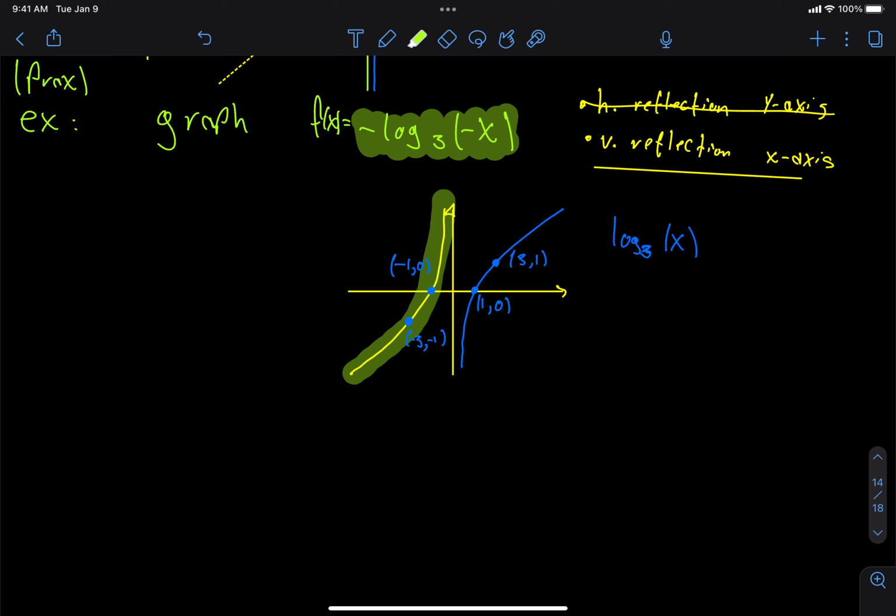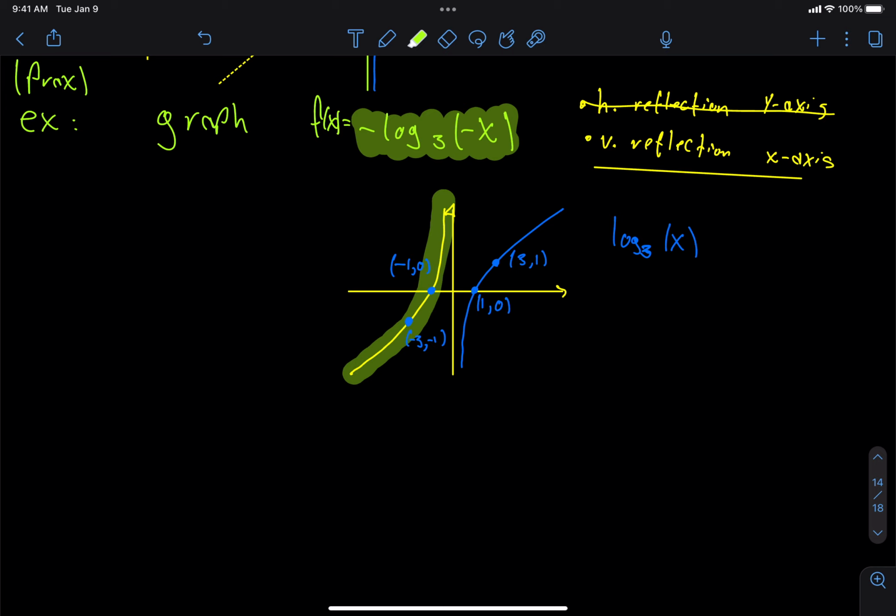Okay, so what we're doing here is nothing special. It's just what we have always done with these transformations, but maybe part of the confusion could be coming from the fact that reflections are one of the hardest ones to do. Reflections are tricky, but what we need to remember is if we do a reflection, we take all of the points on the graph and change the sign of one of the coordinates, depending on whether it's a y-axis or an x-axis reflection.